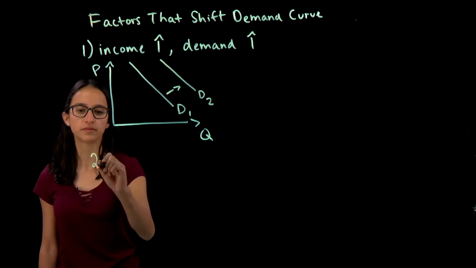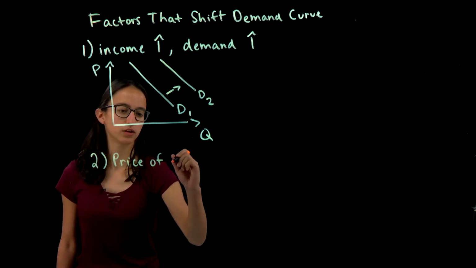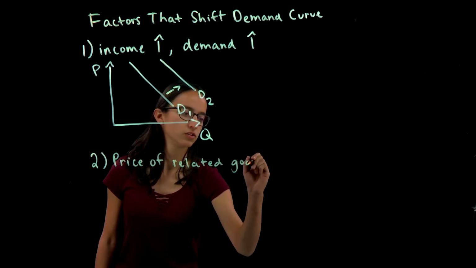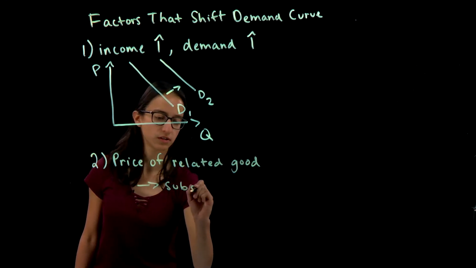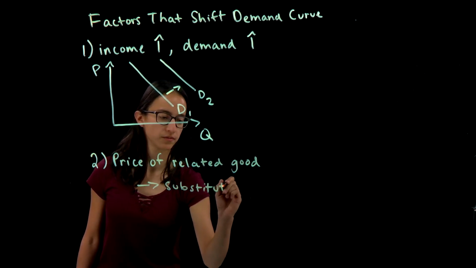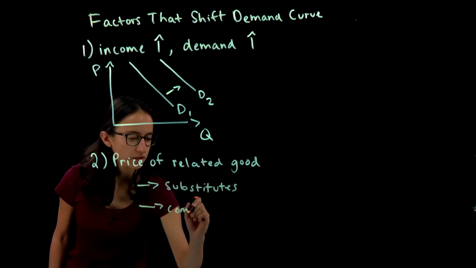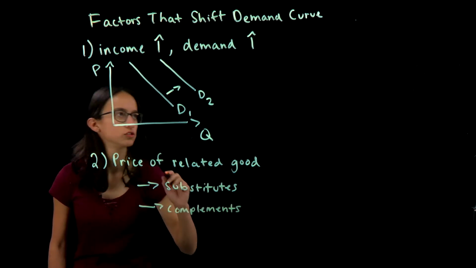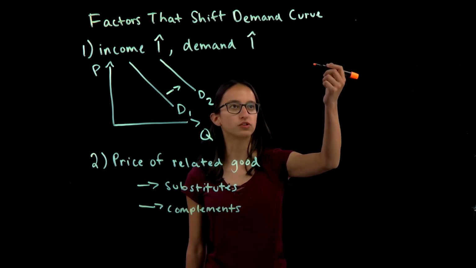Our second one is the price of a related good. For example, we have substitutes and complements, right? For our first example with substitutes, we can use Coke and Pepsi.